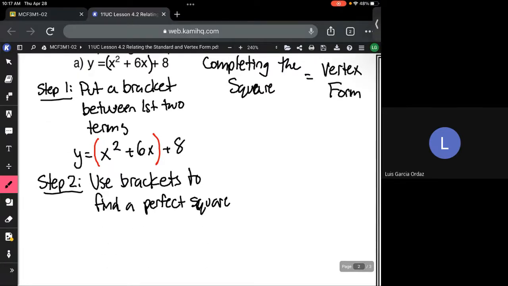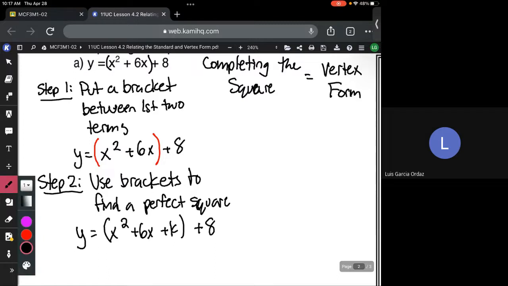So I'm going to write this differently: y is equal to x squared plus 6x, and we're going to do what we did in the first examples. We have to find this k value, plus k. This is all in a bracket, and then that positive 8 is just going to be on the outside. You're not going to touch it yet. The reason I'm writing it like this is because we already know how to find k.